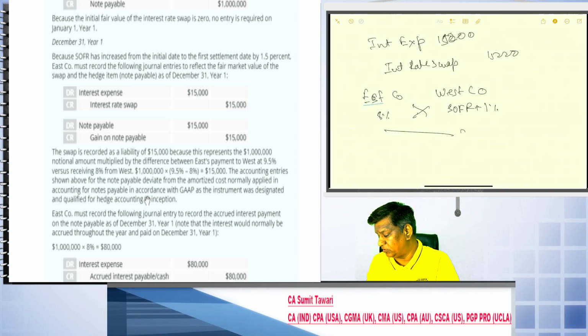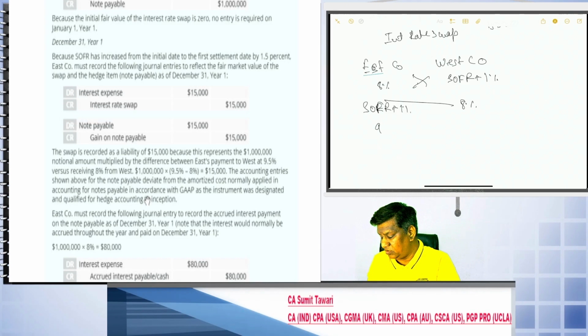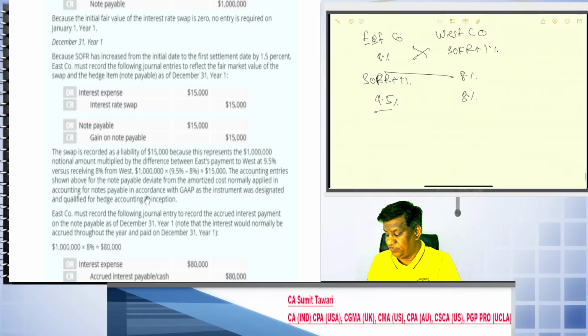So now the 8% obligation goes to one and the SOFR plus 1% obligation to Eastern Company. So currently Eastern Company is bearing a 9.5% interest rate, and the Western Company is bearing 8%. So if the market rate is 9.5% and they are paying at 8%, the valuation of the liability goes down.